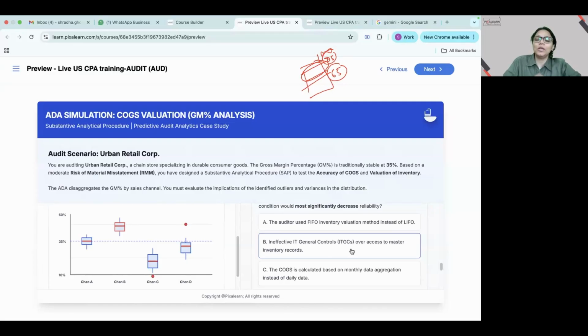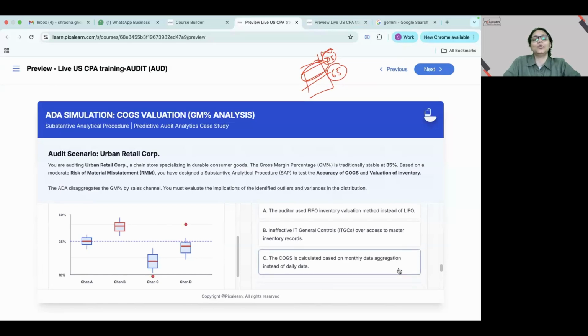I'm following a perpetual inventory system for costing. I'm looking at that data, but what is it? If it were to happen, then the data that I'm processing becomes unreliable. Maybe the chances of reliability on that data decrease significantly.